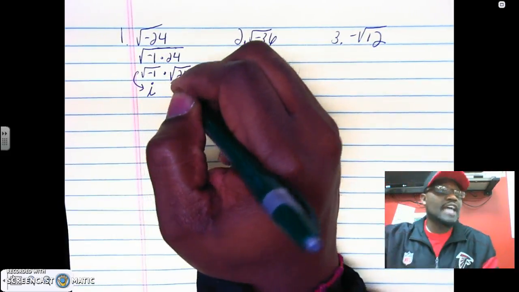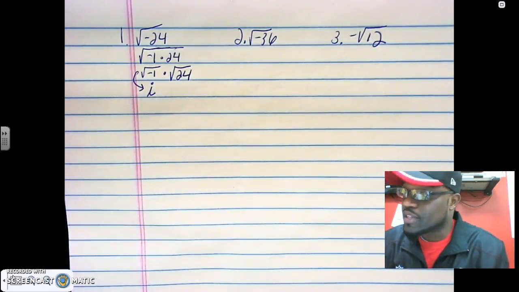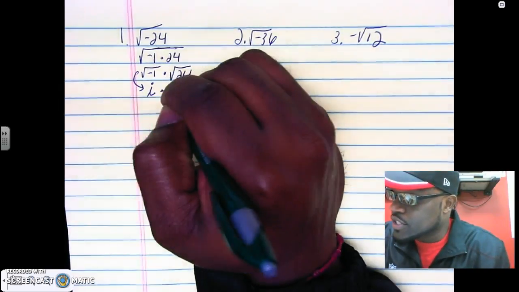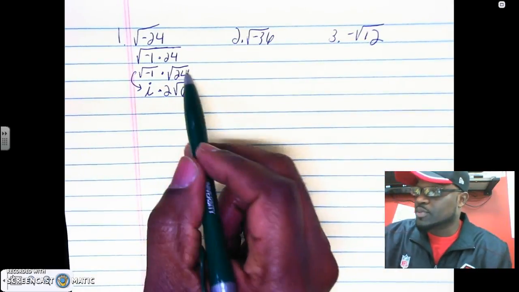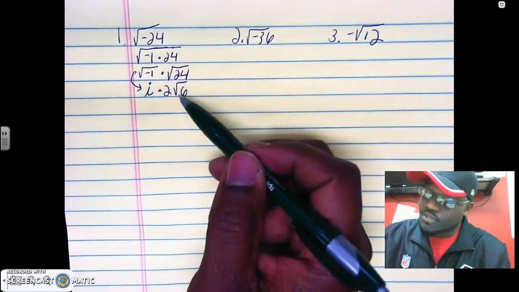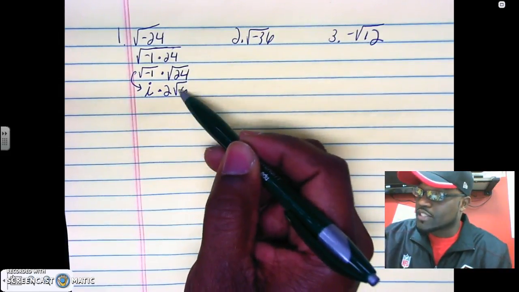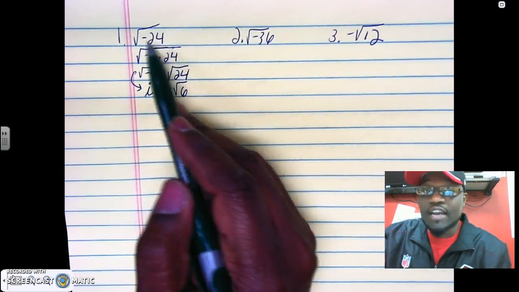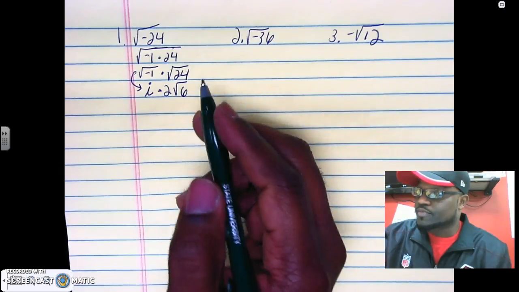Now, this you can actually put in your calculator in order to simplify your square root. When you put the square root of 24 in your calculator and hit enter, it'll simplify it into 2 radical 6. If you put the negative in your calculator, it's not going to work.